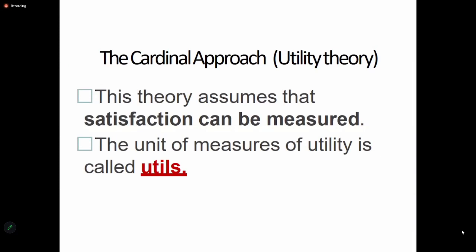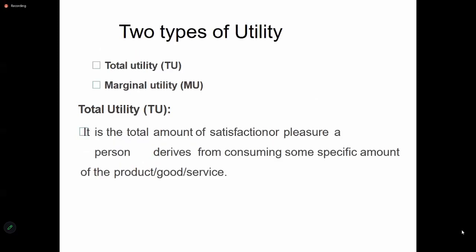Now, briefly, we will see what the cardinal approach utility theory is. This theory assumes that satisfaction can be measured. The unit utils, as we explained, is not an exact measure, it is an imaginary measurement. Two types of utilities we have discussed already: total utility and marginal utility.